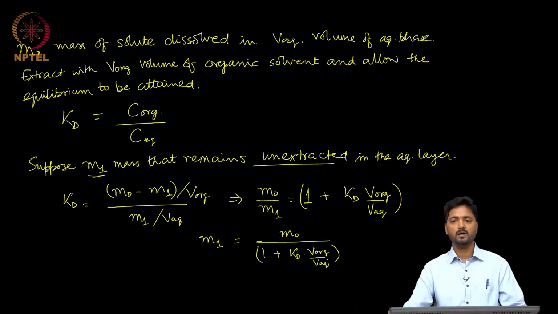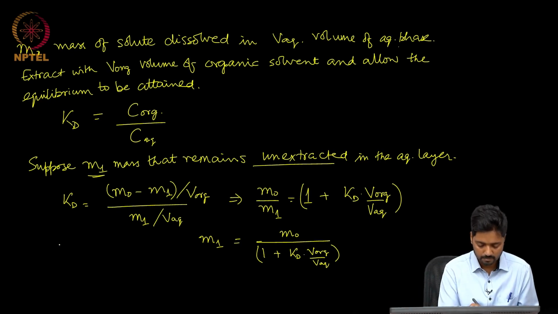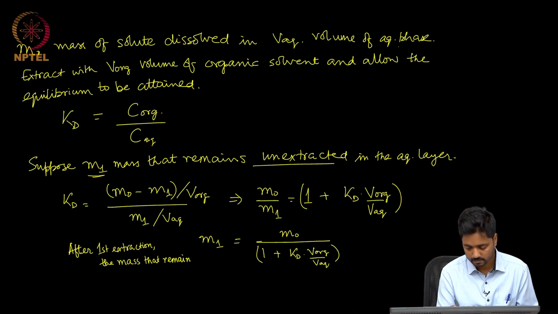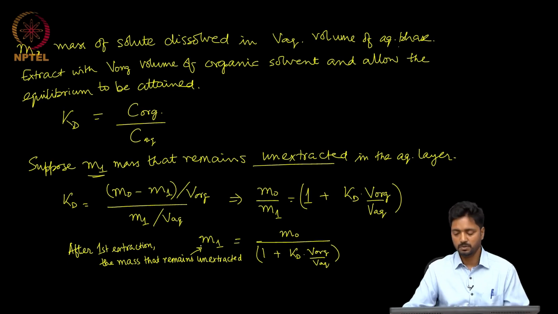So, this is the mass that remains unextracted after first extraction. That is given by m1, and that is equal to m naught by 1 plus Kd into V org by V aqueous.